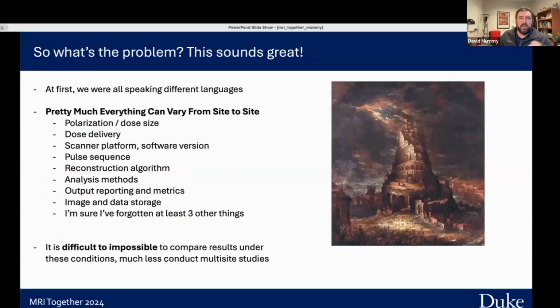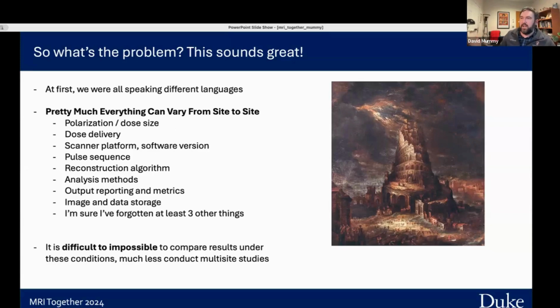So like, this is all awesome, right? What's the problem? Why can't we just do this everywhere? Well, at the beginning, and to some extent today, we were just all speaking different languages, and we were suitably smote. So pretty much everything can vary from site to site when you try to implement a relatively nascent technique like this. Polarization methods, the size of the bag varies, the way you coach the patient to breathe it in.